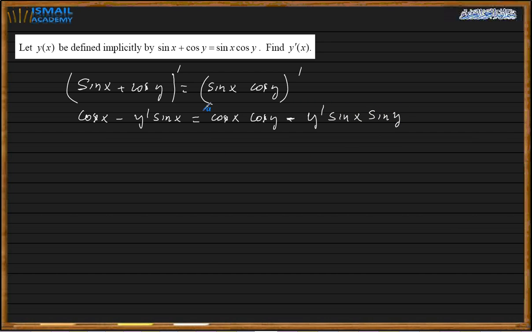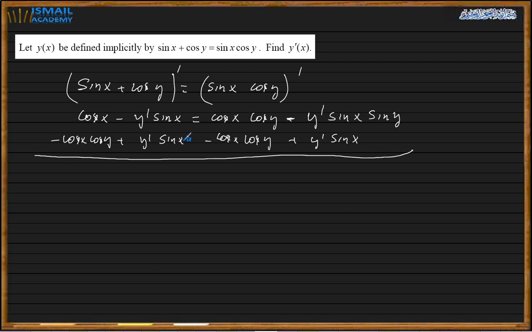So I'm going to get all the y prime on one side and the rest on the other side. So I'm going to add y prime sine x sine y to both sides and subtract cosine x cosine y from both sides. So here I will end up having cosine x minus cosine x cosine y.